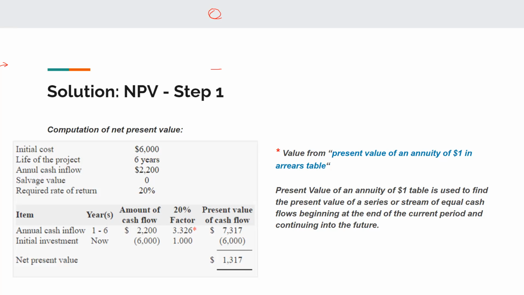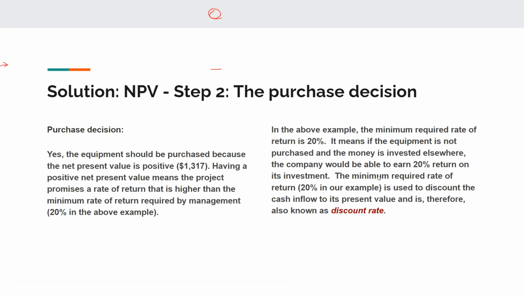Now we said that if we have a positive net present value, we could accept the investment, or even if you have a net present value of 0, we could still accept the investment. So given that we have a positive value, which is 1,317, we could take on the investment.